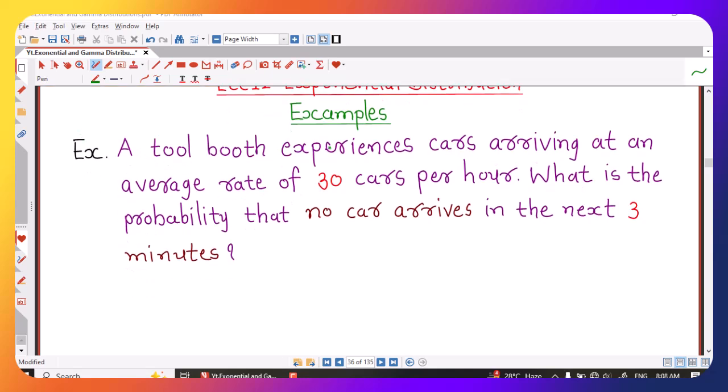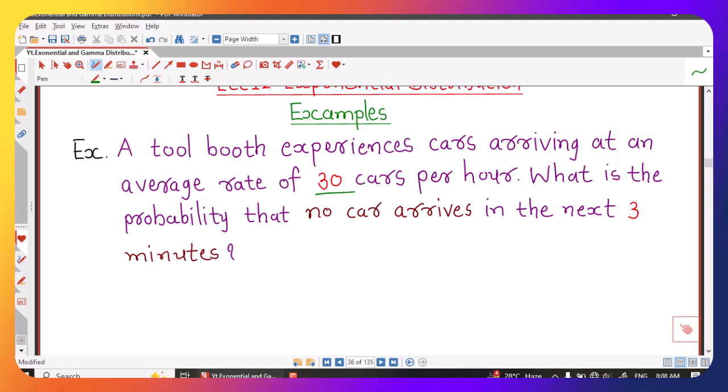A toll booth experiences cars arriving at an average rate of 30 cars per hour. What is the probability that no car arrives in the next 3 minutes? So here we are given that at a particular toll booth 30 cars are arriving per hour.